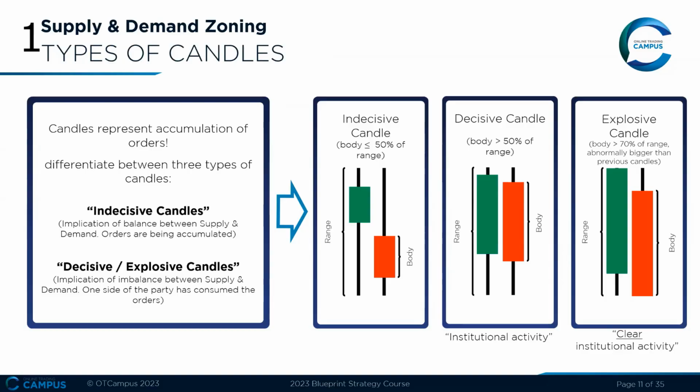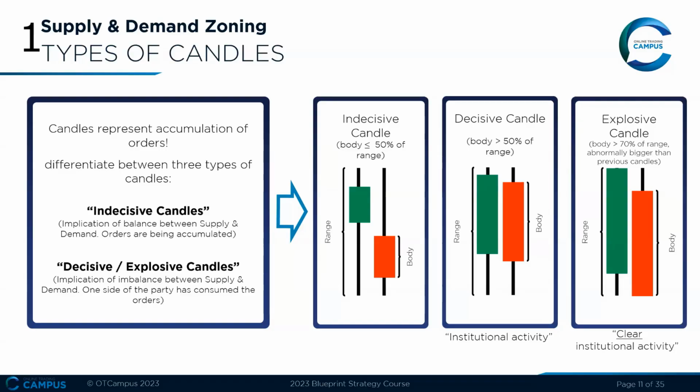So we'll have indecisive candles and we'll have decisive and explosive candles. Both of these types implicate a completely different scenario of what those candles may mean for us and why we want certain candles to be part of certain parts of the formation.